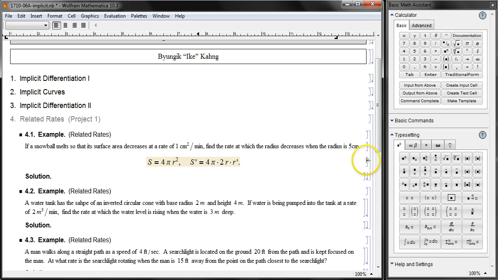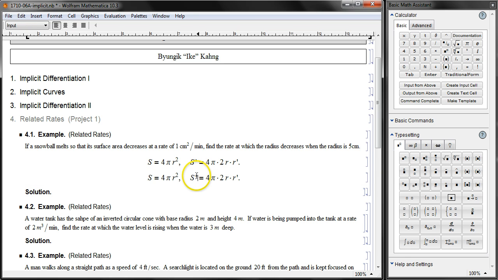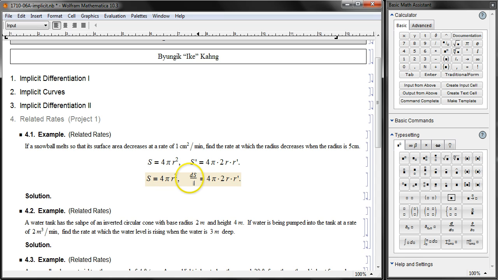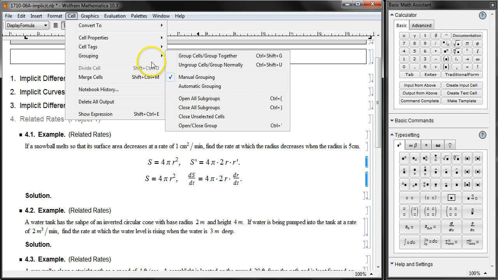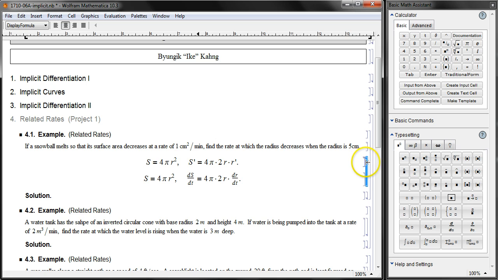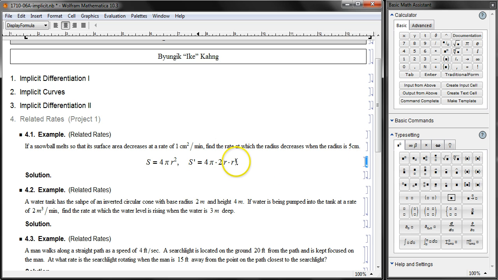If you prefer to use Leibniz notation, then you can write ds/dt equals the equivalent with dr/dt. Here in this notebook, I prefer to use prime notation a little bit more, so let's just go back to the original.